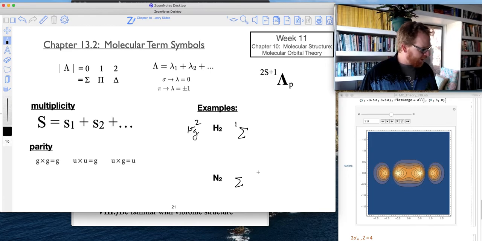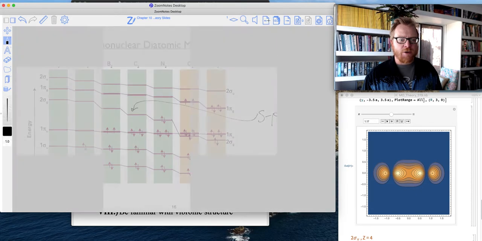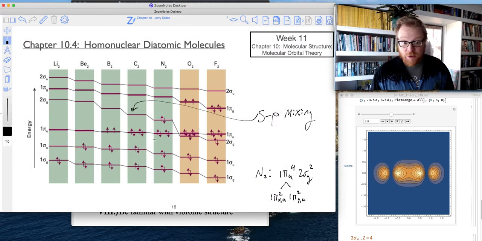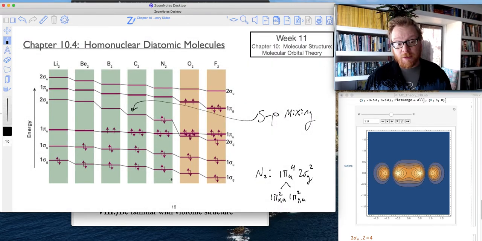And similarly, nitrogen, let's go back and just look at its MO diagram. Nitrogen has everything all paired up as well. When we look at all of these electrons, it's a lot more complicated than H2, but they're all singlet states. They're all paired up.